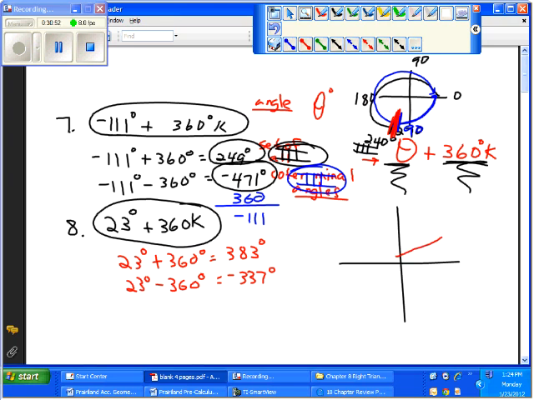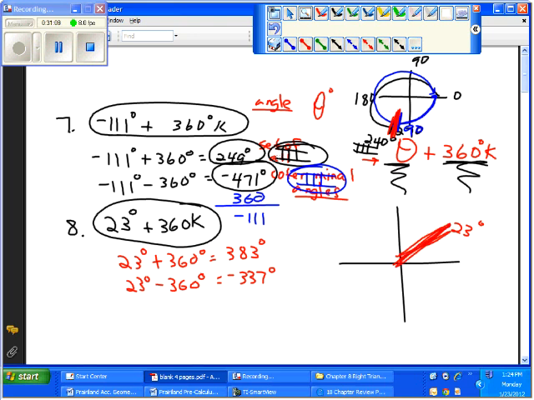The original one was 23 degrees. Where's every one of the others going to end up? Same place. That's the whole concept of coterminal. We should not have missed that at all in our thinking, right?